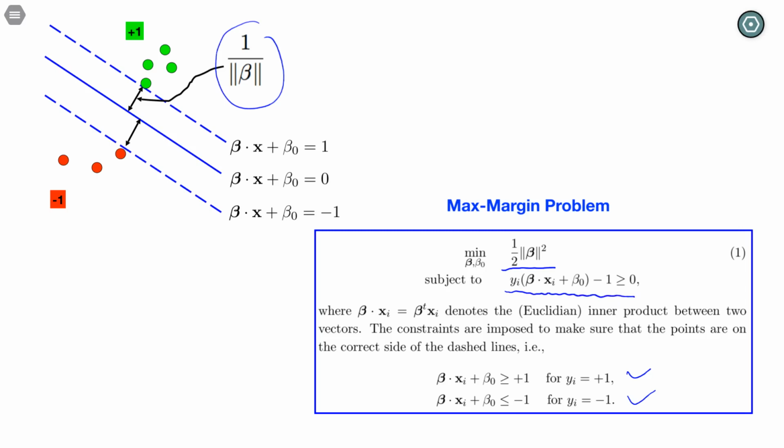Throughout the whole lecture for SVM, I'm going to use the dot, which is basically the dot product between two vectors. If I use the matrix notation, this is equal to beta transpose times xi. So this is the problem we want to solve.